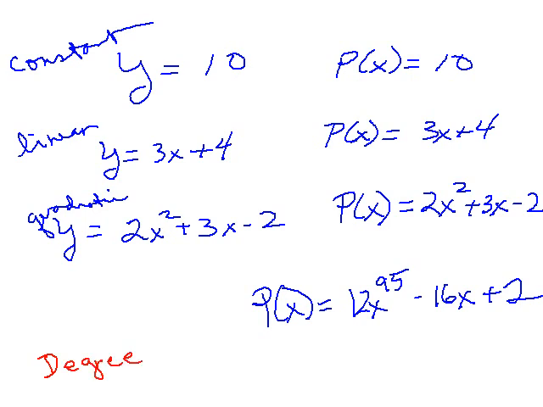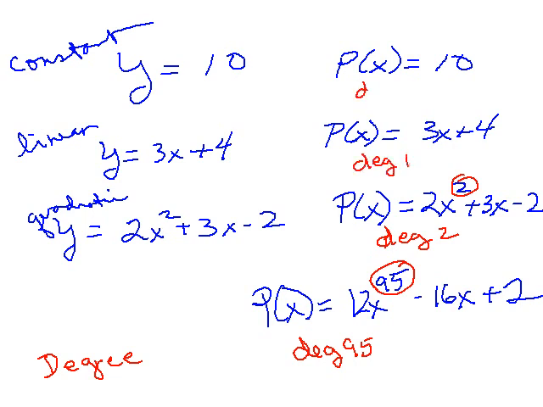And the degree is the value of the highest exponent. In this case, 95 is the highest exponent. This is a polynomial of degree 95. This is a polynomial of degree 2. For the linear function, it's a polynomial of degree 1. And this polynomial that's a constant is of degree 0. So look at the highest exponent that you have in your polynomial, and that gives you the degree of the polynomial.